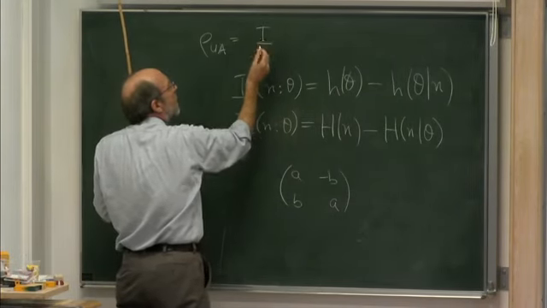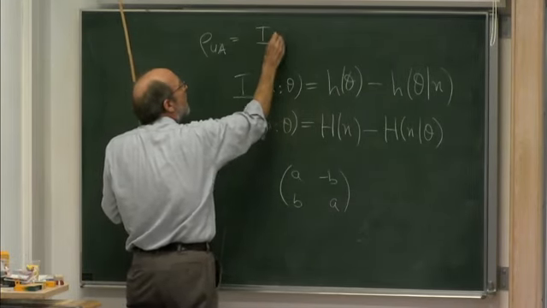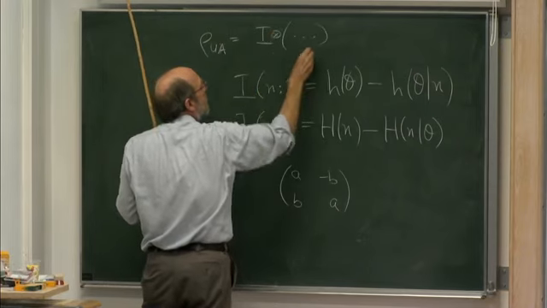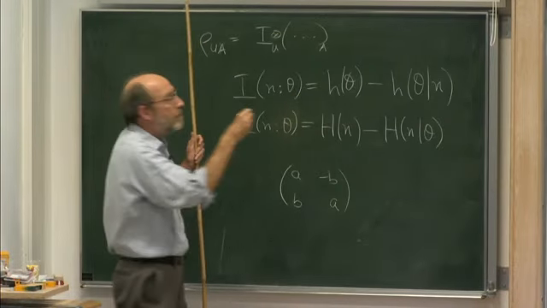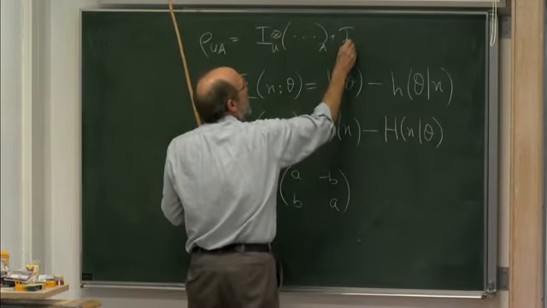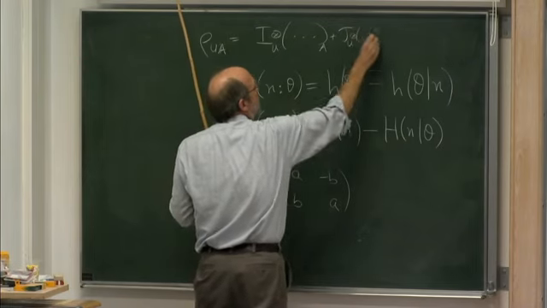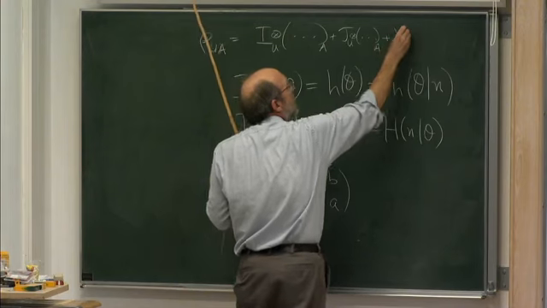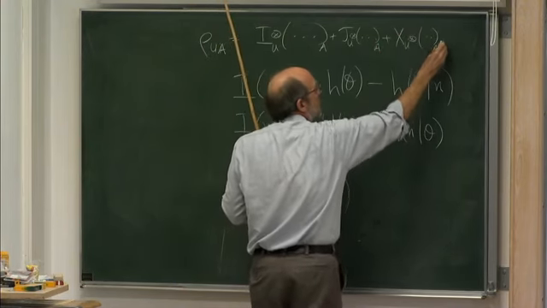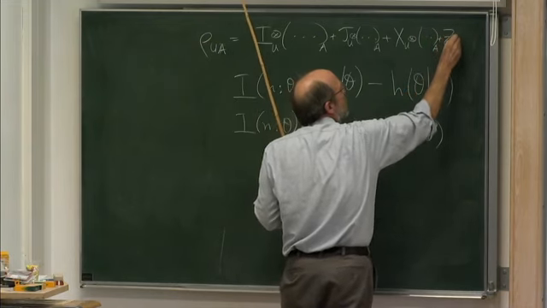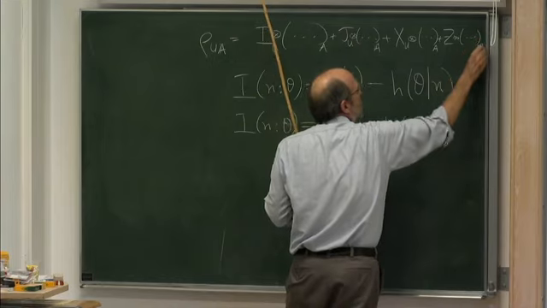It'll have the identity on the u-bit tensor something on the A system, plus J on the u-bit tensor something on the A system, plus the Pauli X operator on the U system tensor something, plus the Pauli Z operator tensor something.